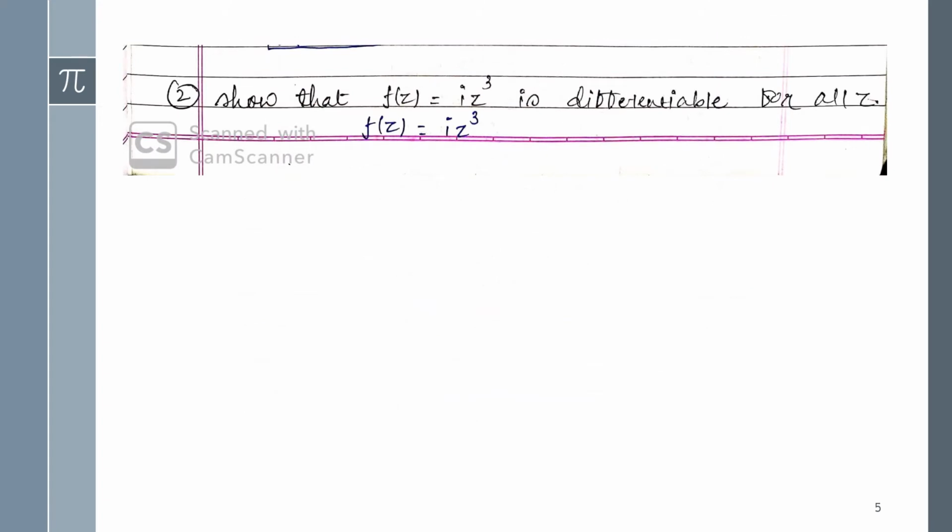The question is given: show that f of z equals iz cube is differentiable for all z. Here it is not given any kind of point, but the function is given. No problem, we will start with the function only, by applying the definition.